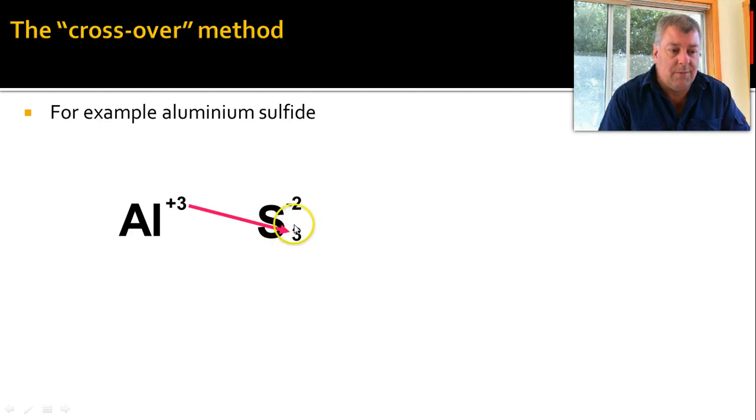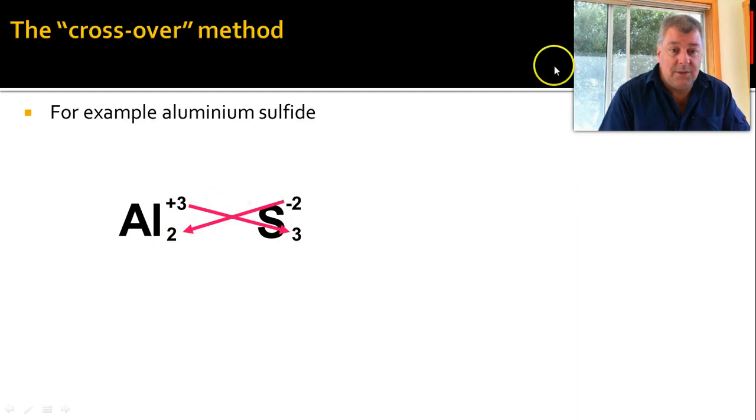We're not actually going to end up writing some of these numbers. Then we take the 2 and we bring it down to here. What we've done effectively is work out the common multiple, because here you've got 3 times 2, which will be 6, and here you've got 2 times 3, which will be 6 as well. Now this will be -6 and this will be +6, but they cancel each other out.